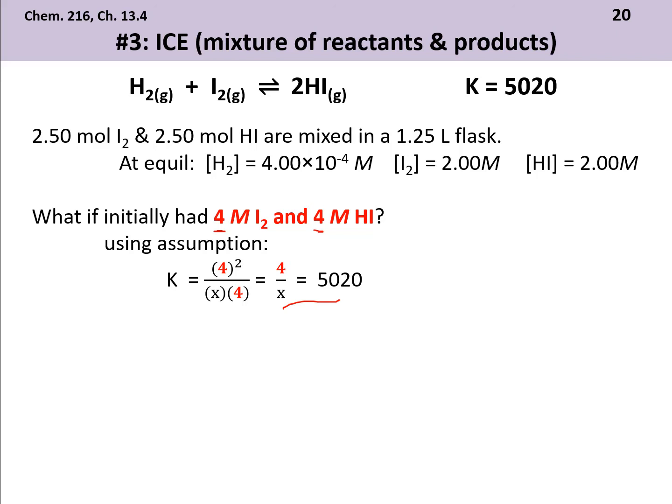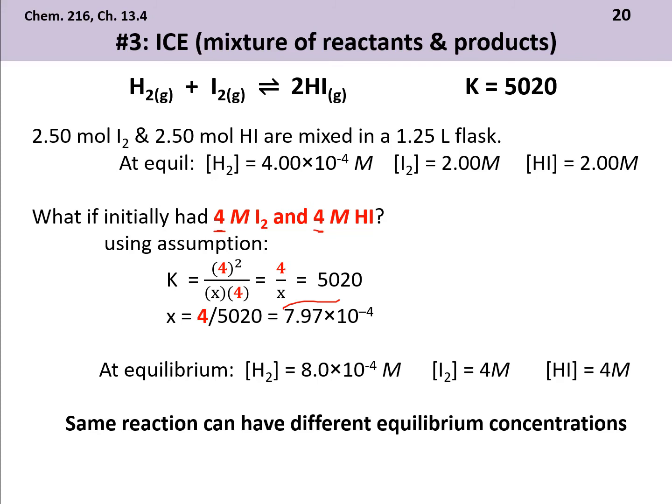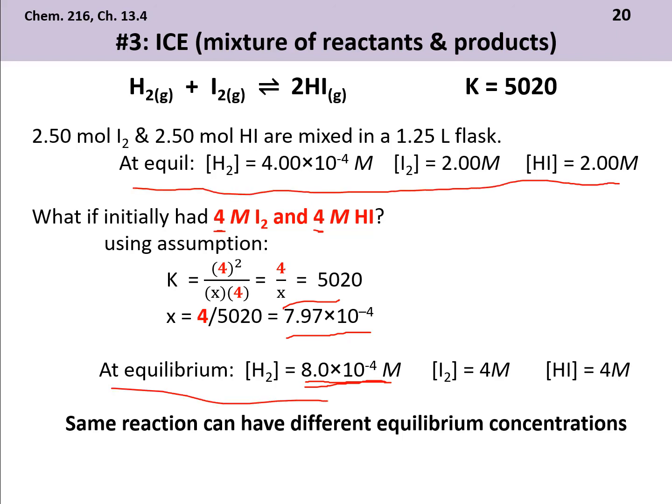If I were to rearrange this, I would get that x is equal to 7.97 times 10 to the minus 4. Okay? That means at equilibrium, I would have 8 times 10 to the minus 4 for my H2, and I2 and HI would be 4 molar. Okay? Both of these cases are at equilibrium.